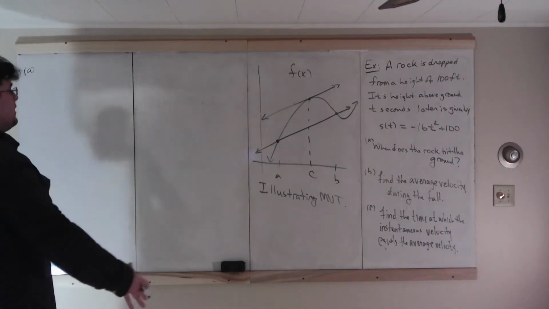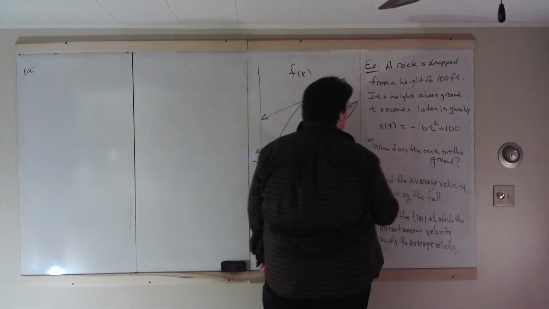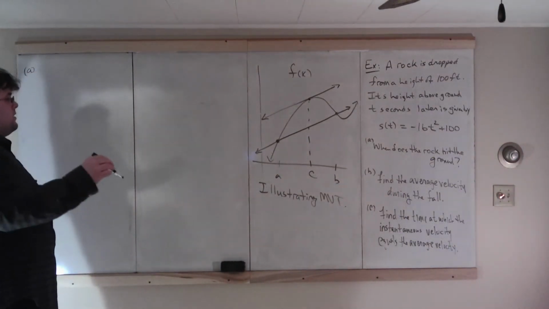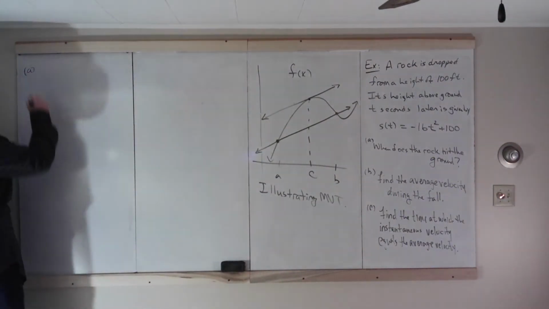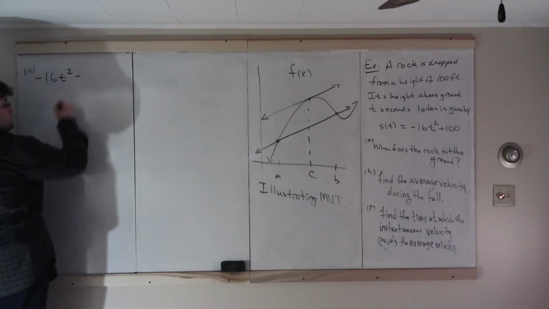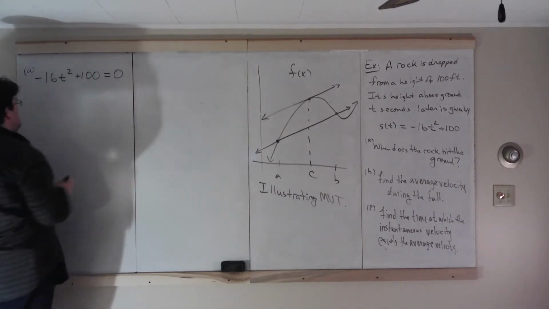When does the rock hit the ground? Well, you drop a rock. The function gives its height above ground. So we want when it's 0 feet above ground. So we want to set s of t, negative 16t squared plus 100, equal to 0.